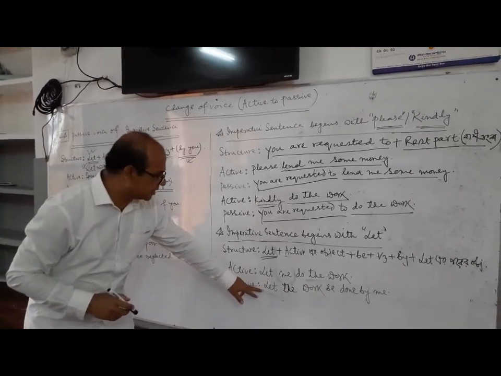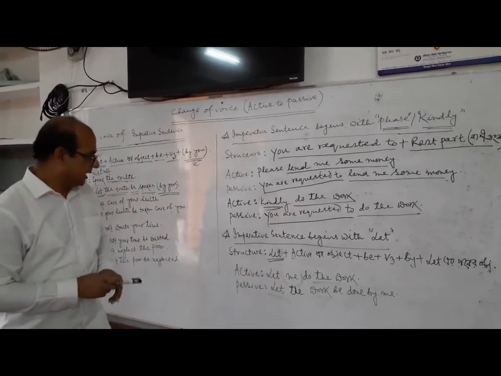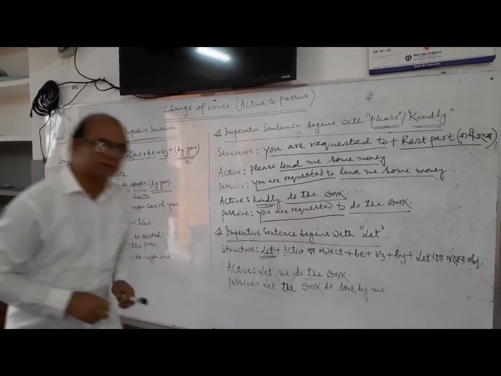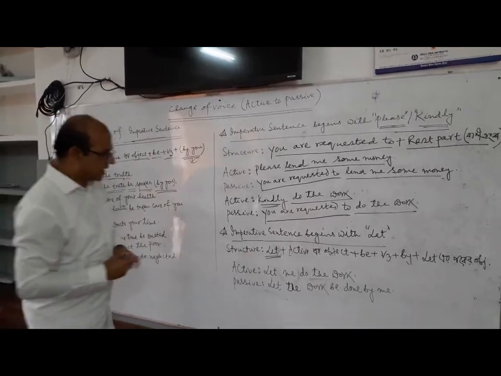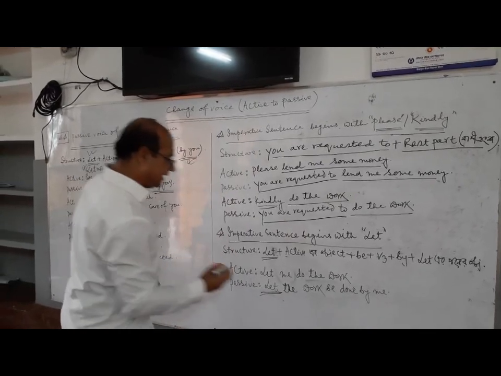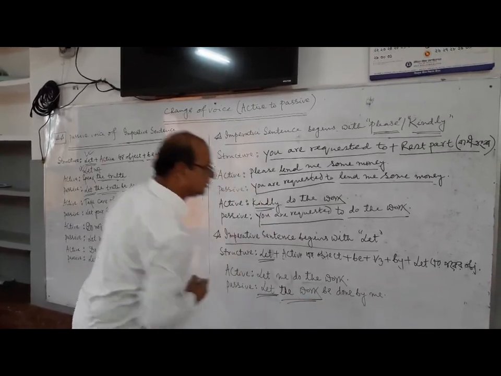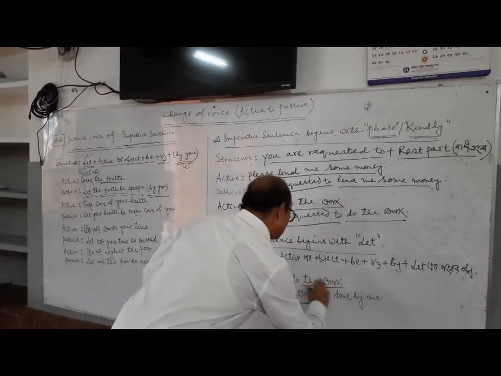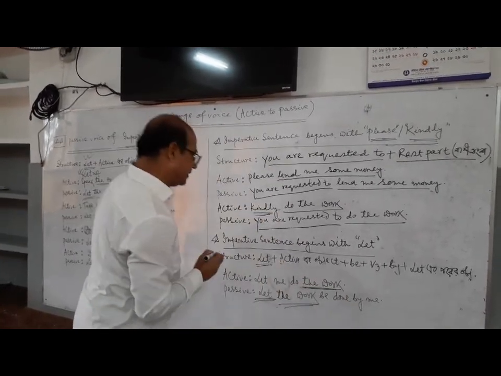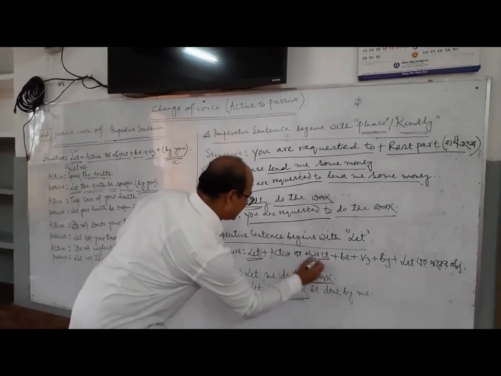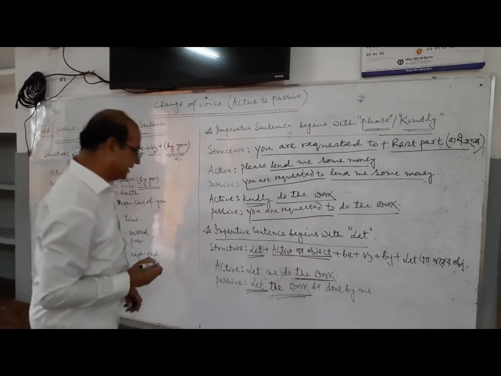That means you will start with let. Here is a sentence, let me do the work. At first I have written let. Then the work. What is the work? The work is the object of the active voice. I have also written it.